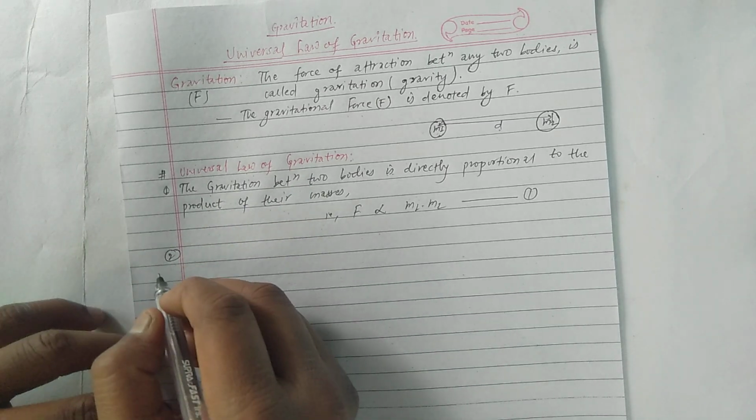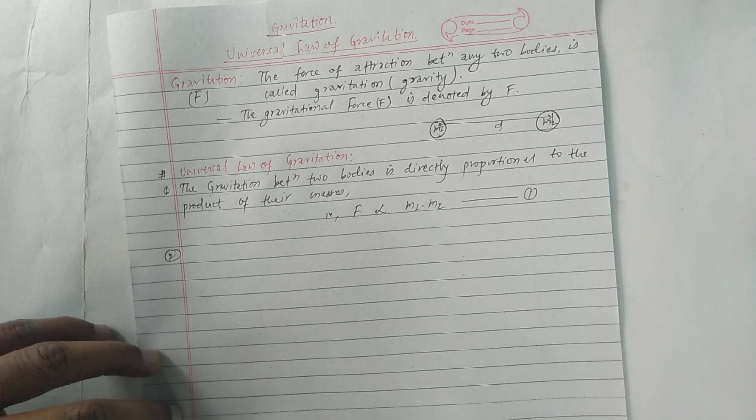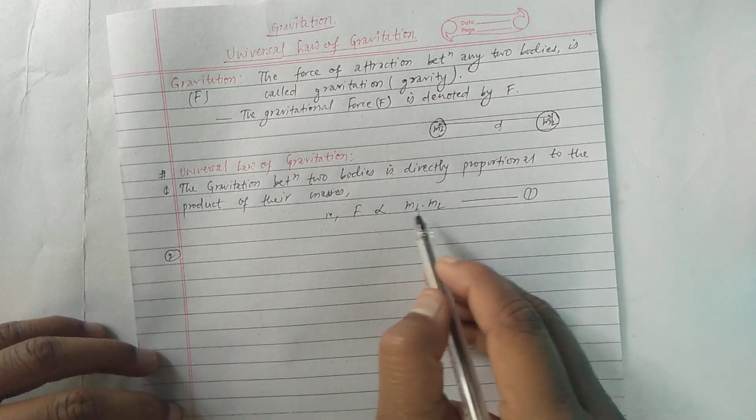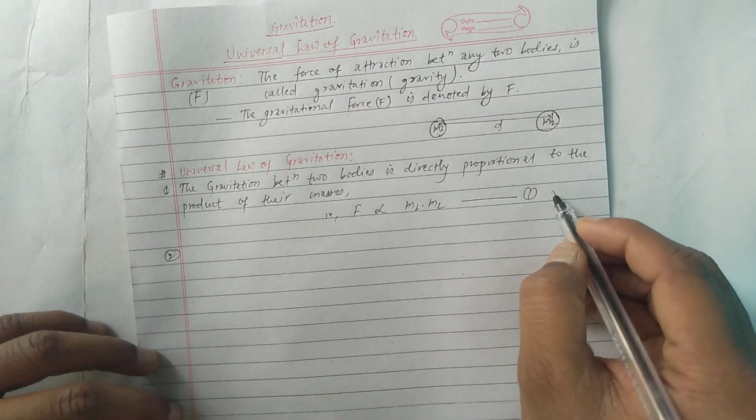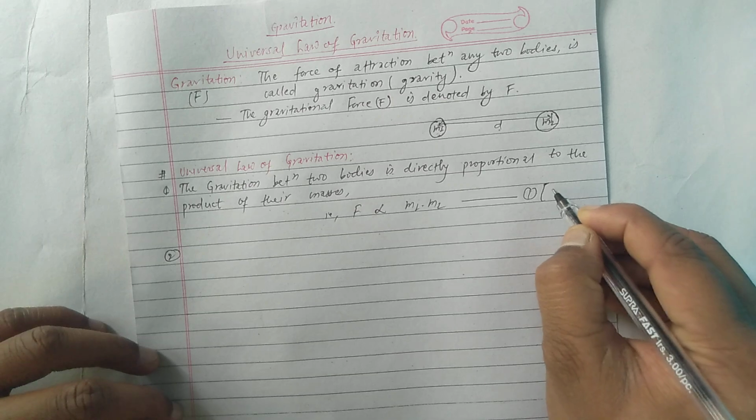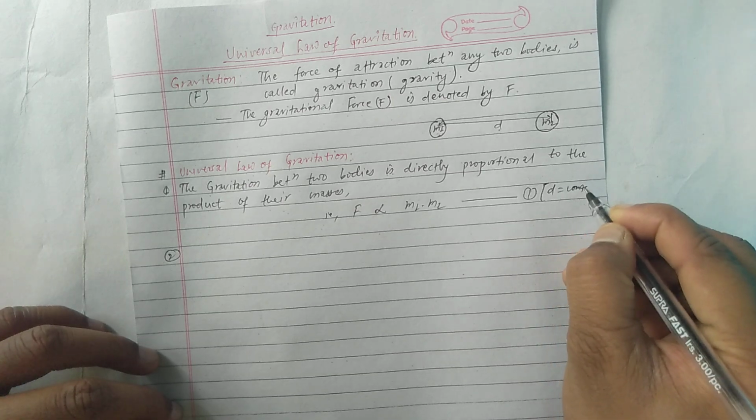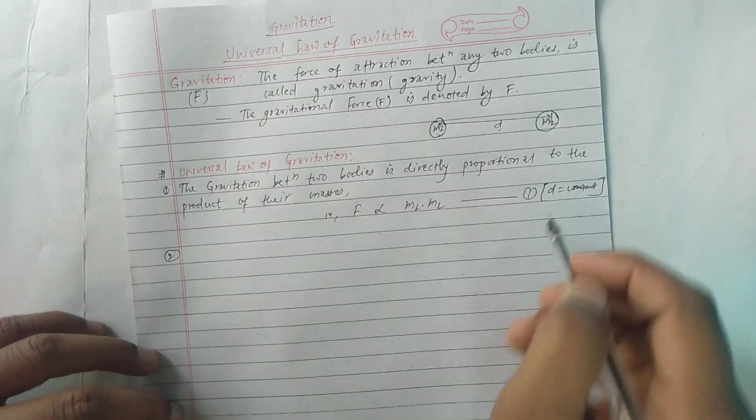Now let's move on to the second law. F is directly proportional to m1 and m2, but we have a condition: d equal to constant. Distance must be constant.